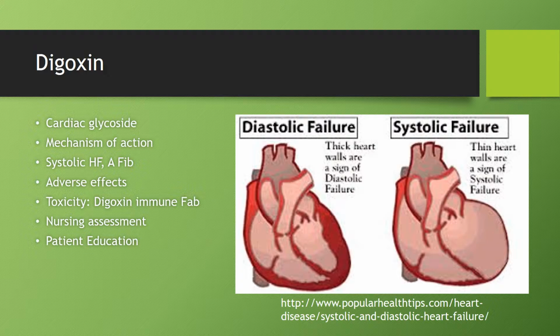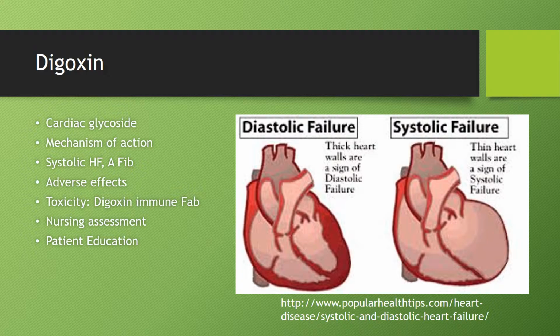Digoxin has a low therapeutic index, so monitor for toxicity frequently. Signs and symptoms include bradycardia, headache, dizziness, confusion, nausea, and visual changes. Digoxin Immune Fab is the antidote for severe digoxin overdose.